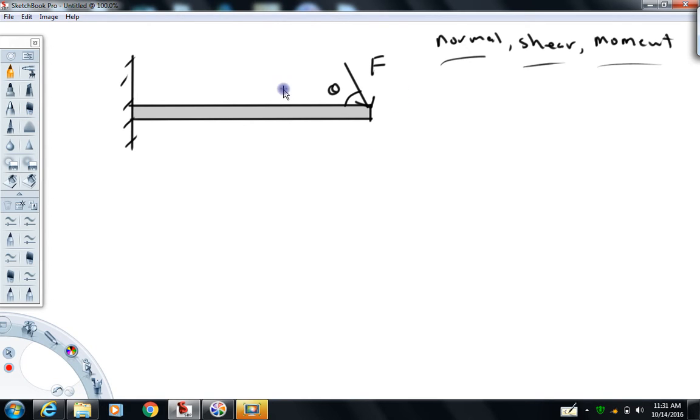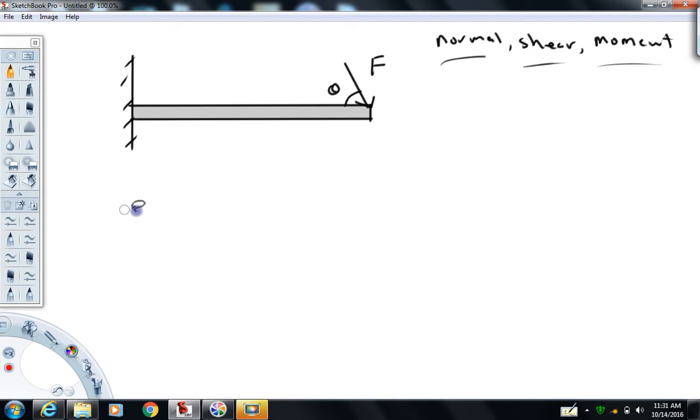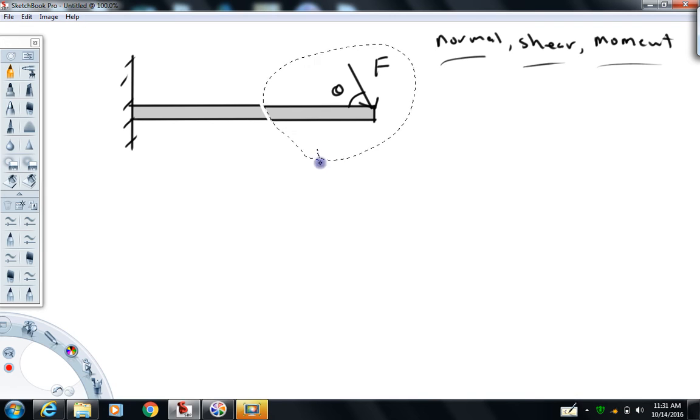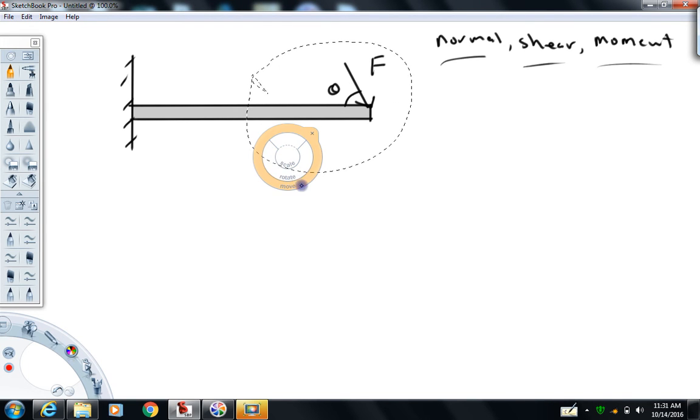So again, we're going to imagine cutting it right here. It doesn't matter where I cut it for the discussion, but I'm going to imagine cutting that right there. Sorry about this taking so long here. I want that cut vertical. There we go. All right.